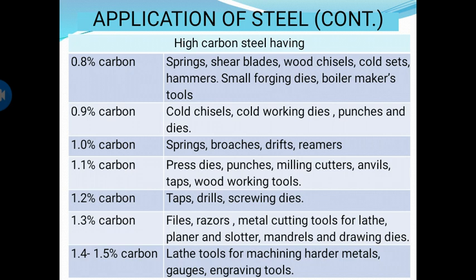Next, high carbon steel. In high carbon steel the percentage of carbon is from 0.8 to 1.5. With different percentages of carbon, it has different applications. High carbon steel having 0.8% carbon is used for springs, shear blades, wood chisels, cold sets, hammers, small forging dies, boiler makers' tools.